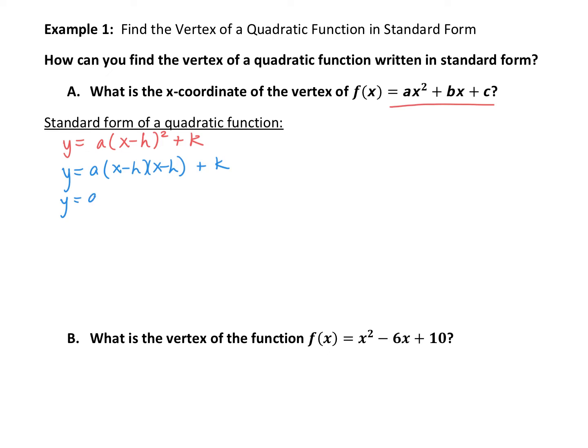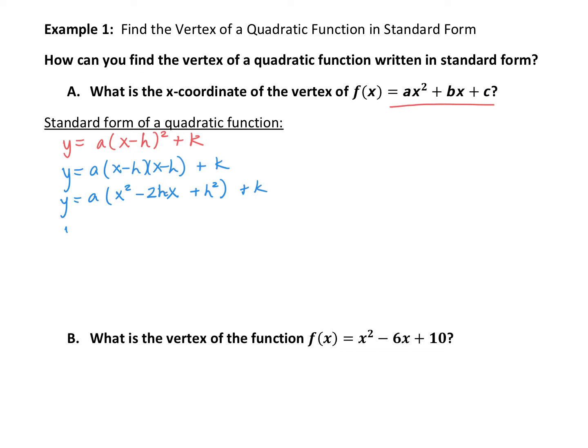Now, when we multiply out that x minus h times x minus h, I'll just go ahead and tell you, once you combine like terms, it's x squared minus 2hx, I'm going to keep the x as the last term, plus h squared, and then we have our plus k on the end.